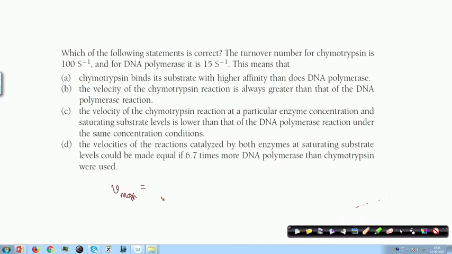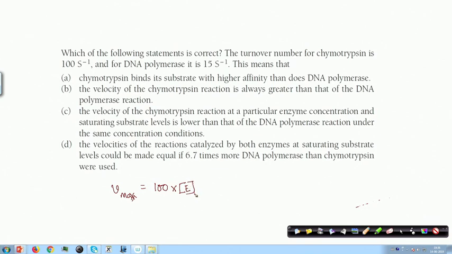chymotrypsin. Okay. So, chymotrypsin Vmax will be what? Turnover number of chymotrypsin is 100 into, suppose you are using the concentration of the enzyme, this is Vmax. Vmax is related to K2 into total enzyme concentration.